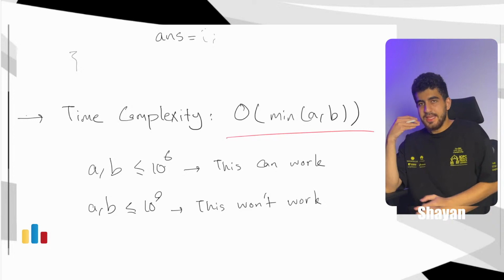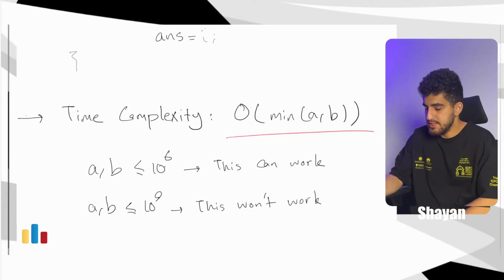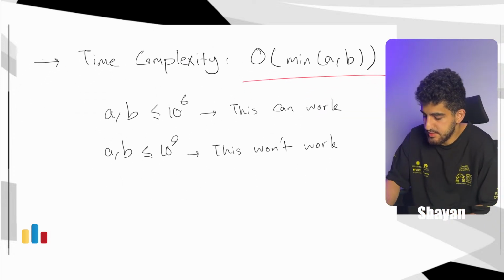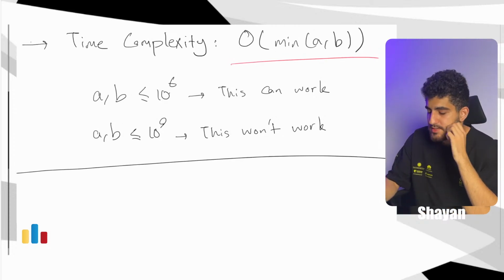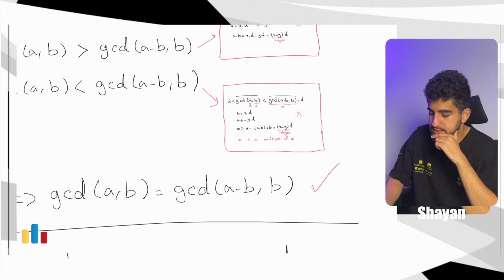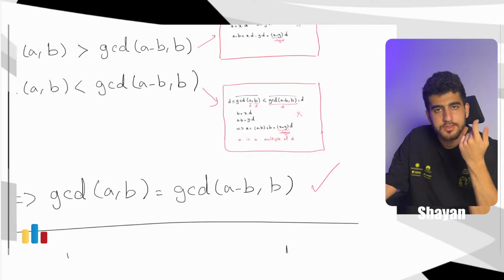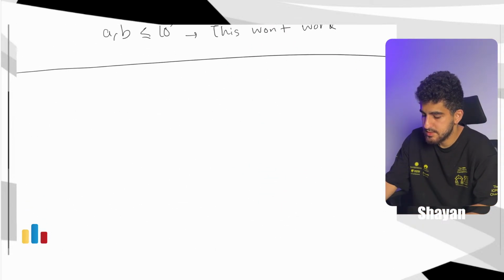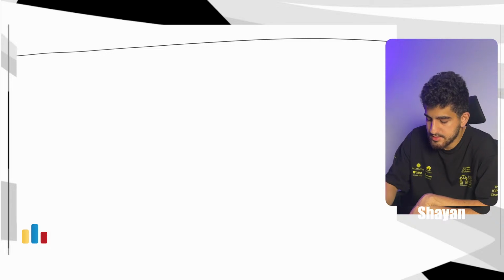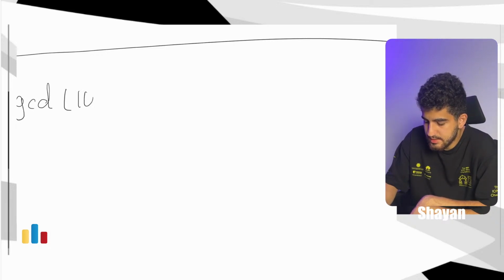In order to make it better, I'm going to tell you the next fact that's going to help us a lot. We're going to use the fact that we discussed right now: GCD of A and B is equal to GCD of A minus B and B. Assume that we want to find GCD of 10 and 3.